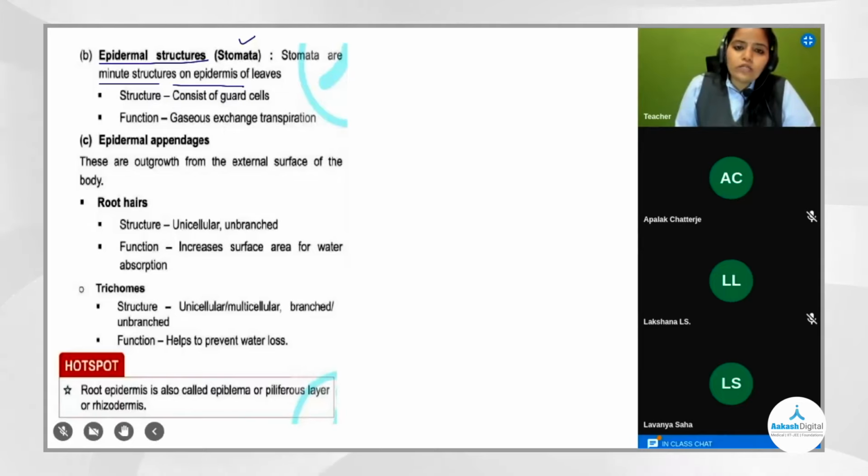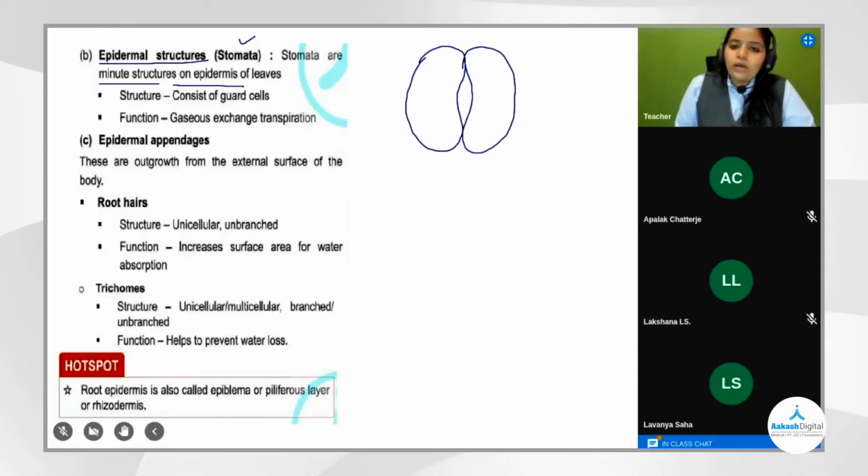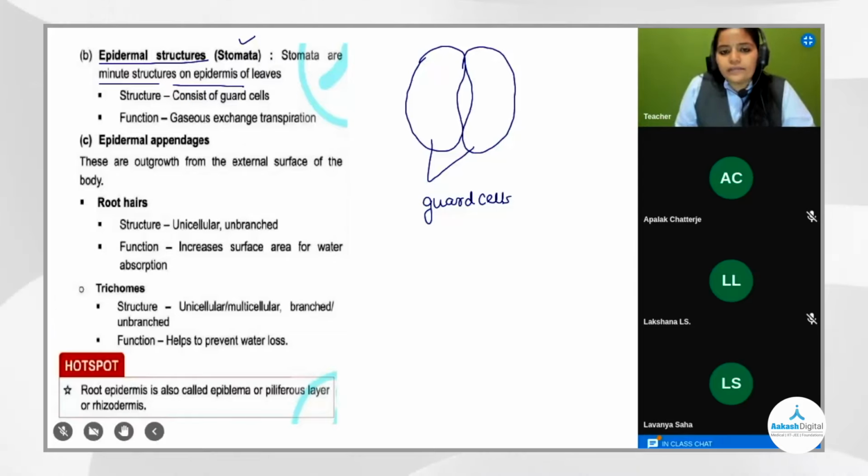If I talk about a dicot stomata, it consists of guard cells which are bean shaped like this. So these are the guard cells of stomata. They are bean shaped, so you can say it is dicot stomata. Now, around the guard cells, there are so many epidermal cells, but those epidermal cells which are in closer vicinity to the guard cells, we call them the subsidiary cells.